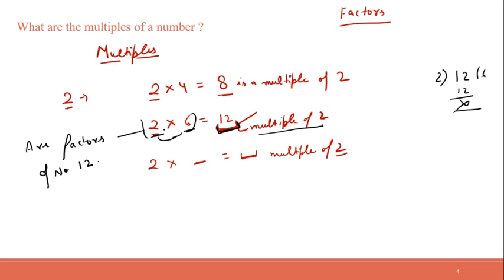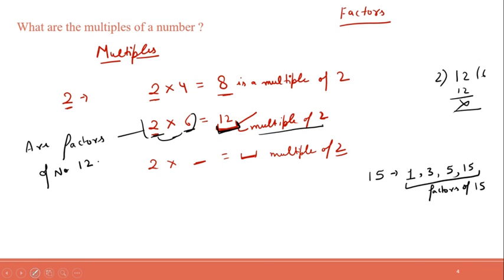Or I can say that every number will be a multiple of its factors, right? Because let's say here I am writing factors of 15. Factors of 15 are 1, 3, 5, and 15 itself, right?